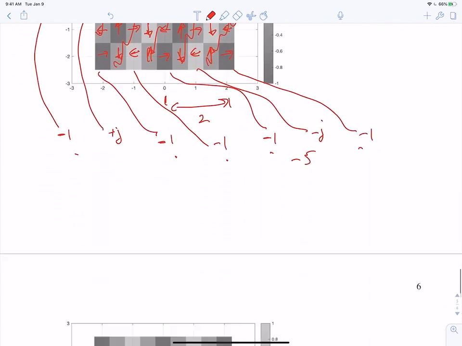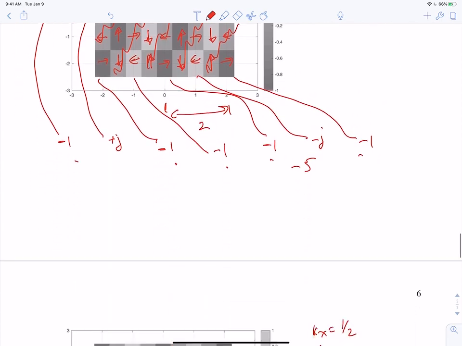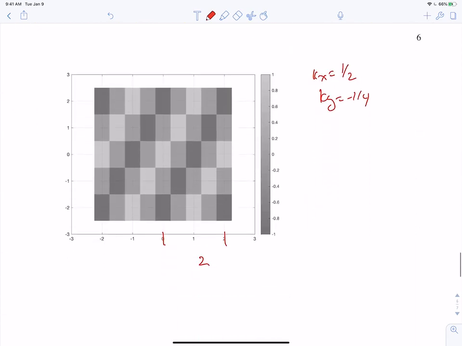Okay? So let's do that here. So kx equals 1/2, ky equals -1/4. So once again, the period here is 2. Didn't we just do this? Oh, no, we didn't. Okay. All right. So here we still have the same thing, right, for this one.